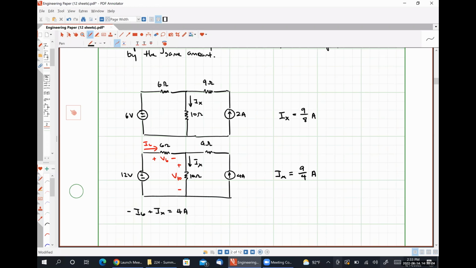And I should have 6 ohms times I6 plus 10 ohms times IX is equal to 12 volts.